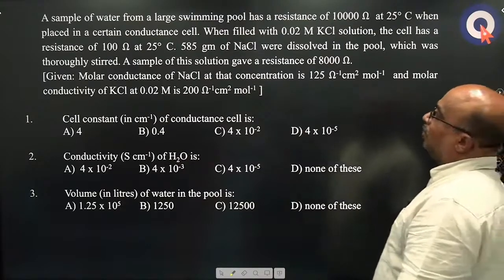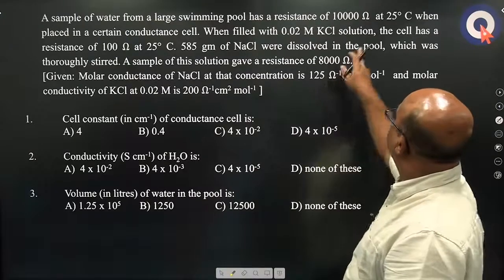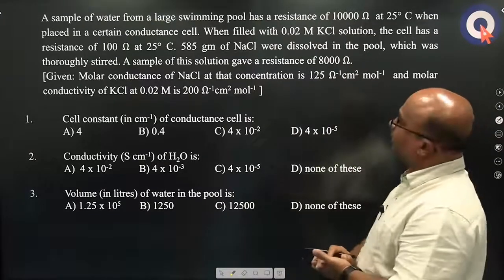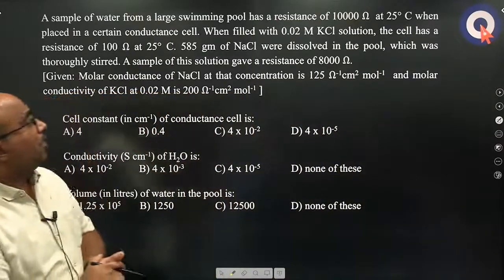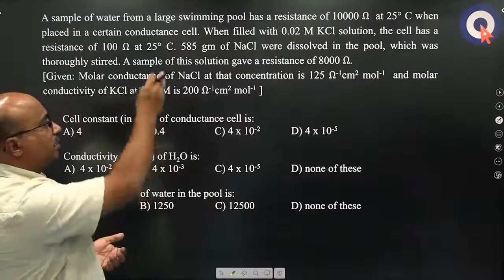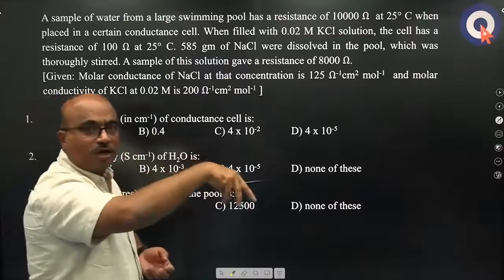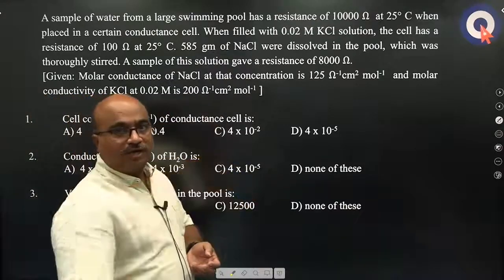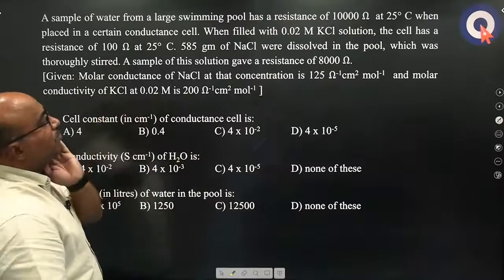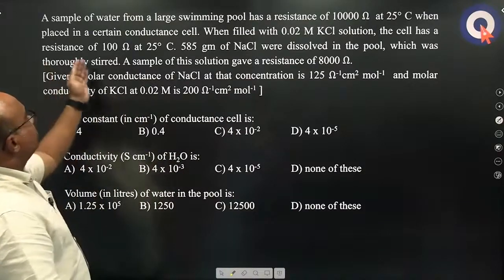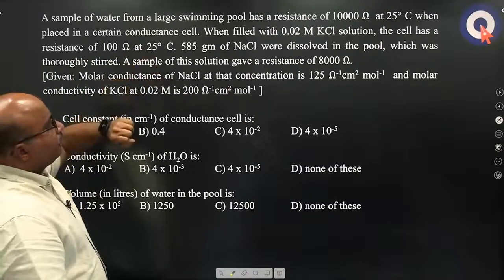A sample of water from a large swimming pool has a resistance of 10,000 ohms at 25 degrees centigrade when placed in a conductivity cell. So let us say the pool water we are keeping in a conductivity cell, it is showing that. When it is filled with 0.02 M KCl solution, the cell has a resistance of 100 at 25 degrees, the same temperature.